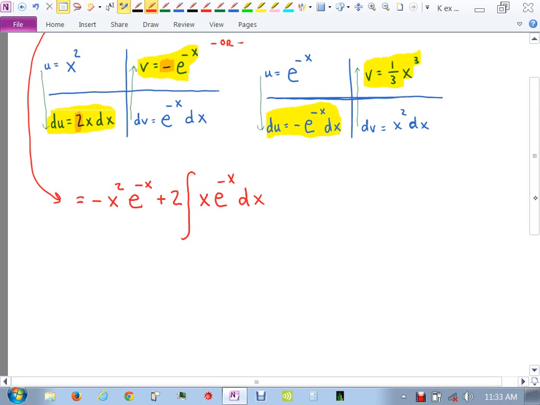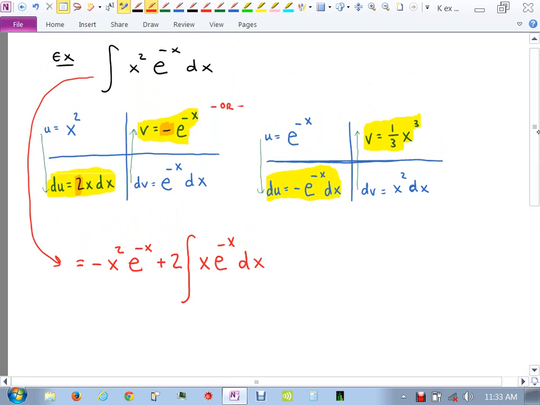Because what's happening is that in my first application of integration by parts, what happened to the power on x? My original integral started out with a power of x squared in front of that e to the negative x, right? In one application of integration by parts, I've reduced the x squared to an x. And if I do it again, I'm going to reduce the x to a 1.